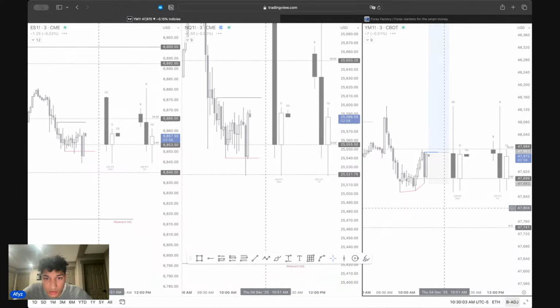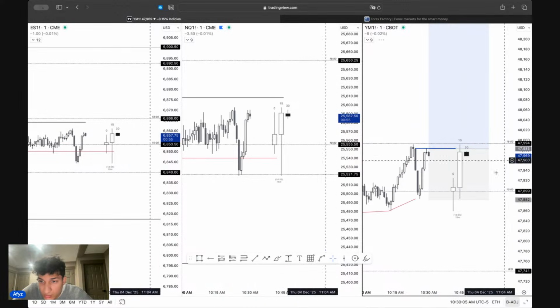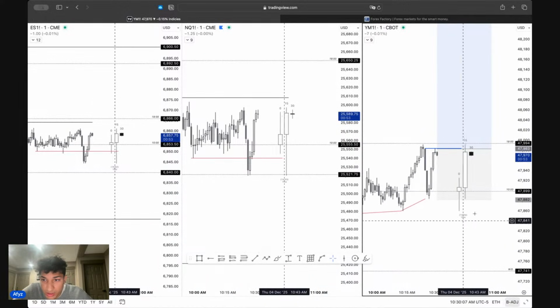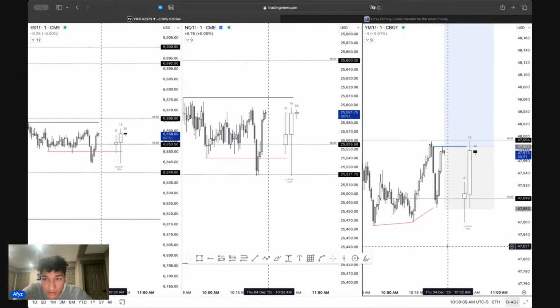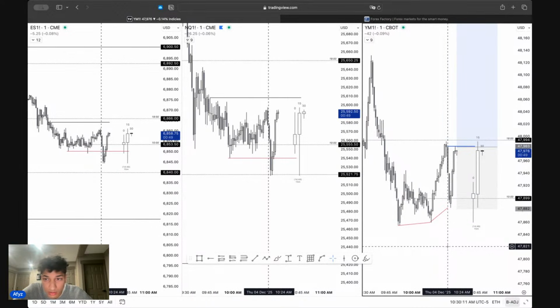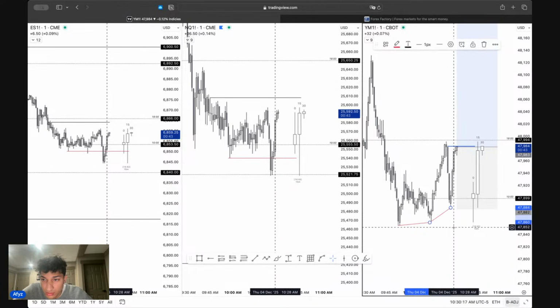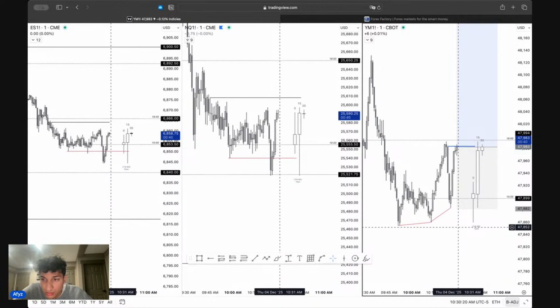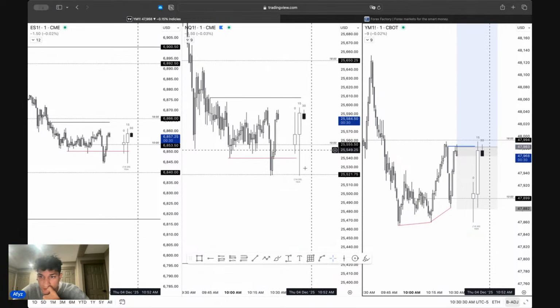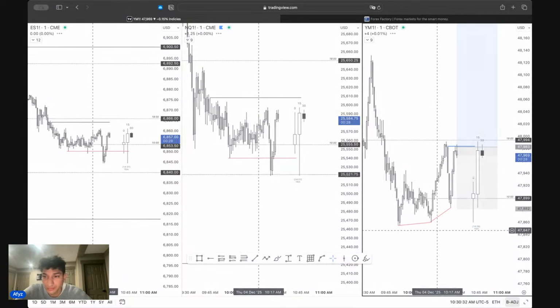Didn't get the closure there. If I get the gap respected and we start to expand higher, I'll take it on this 30 minutes. This is looking like a nice V shape. See if we respect this gap.